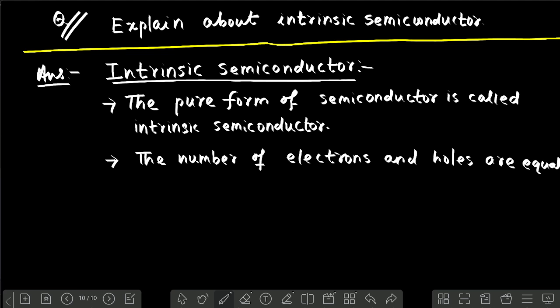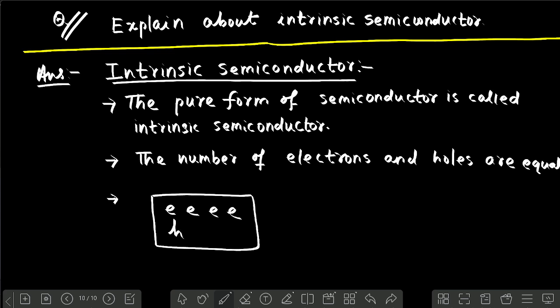Listen carefully. If I take a specimen of intrinsic semiconductor, if I keep 4 electrons here, I have to keep 4 holes. Hole is basically what? Absence of electron is called hole. So a virtual positive charge.